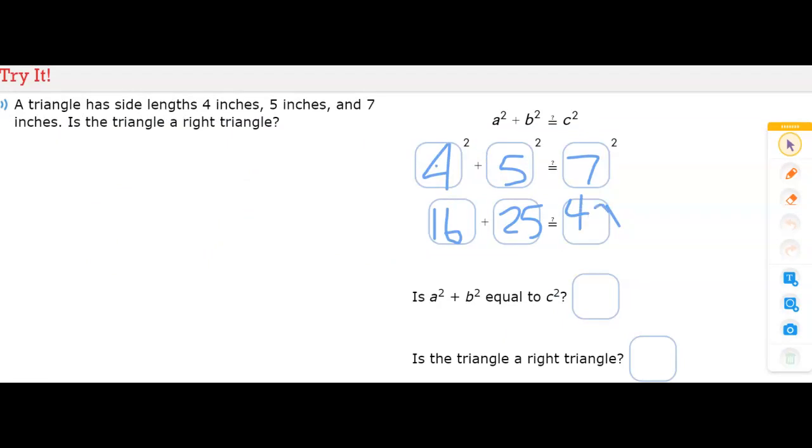So this would be 49. And then 16 plus 25 is not 49. Because they are not equal, is it equal? You say nope. And is the triangle a right triangle? You say no, because if it's not equal, then it is not going to be a right triangle.